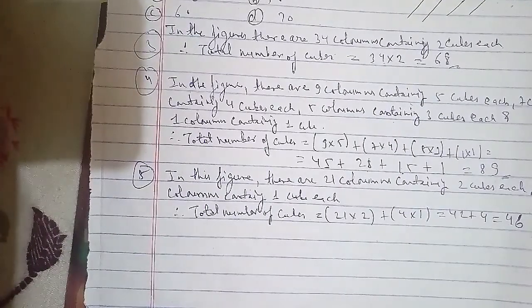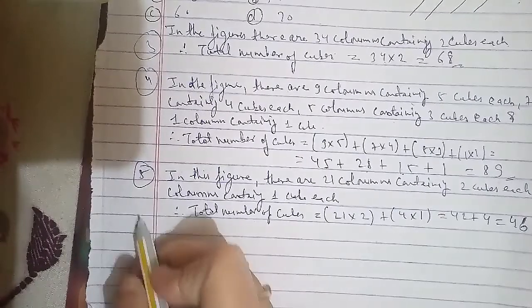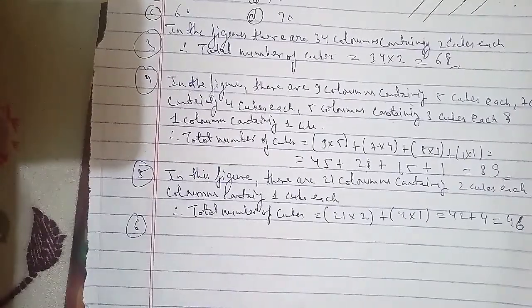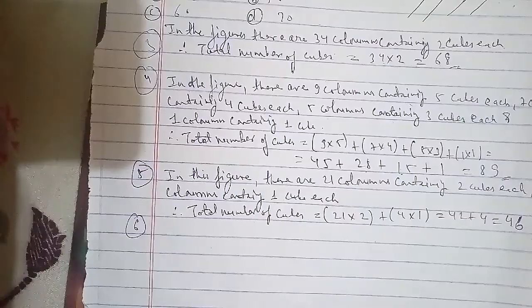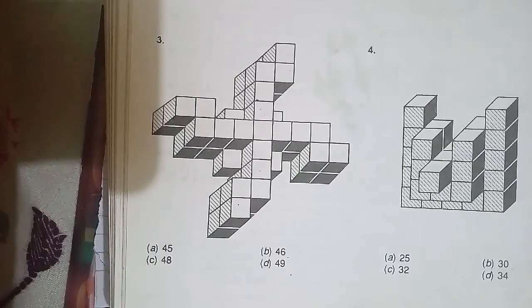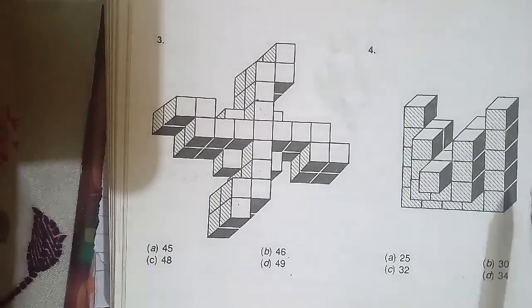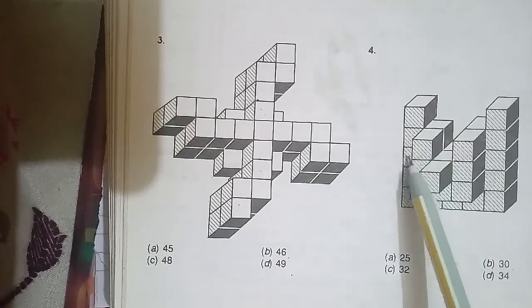In the figure there are 13 columns containing 1 cube each, 7 columns containing 2 cubes each, and 1 column containing 3 cubes here. So the total number of cubes is what we have to find out. Let's go ahead for the same.